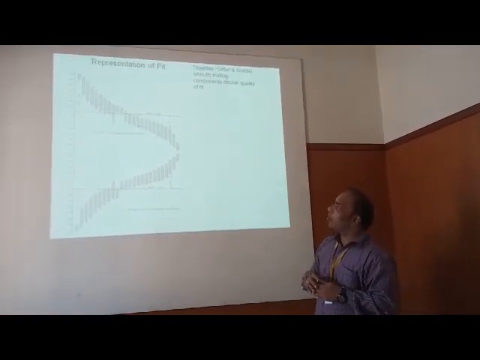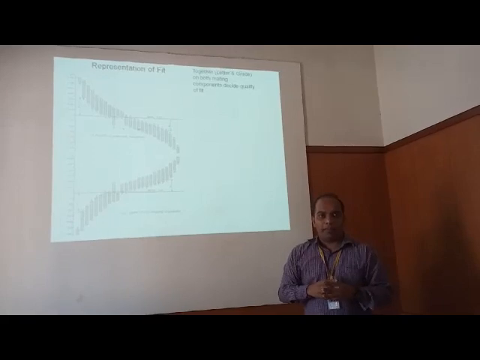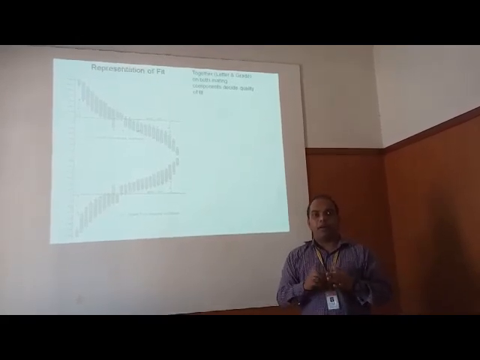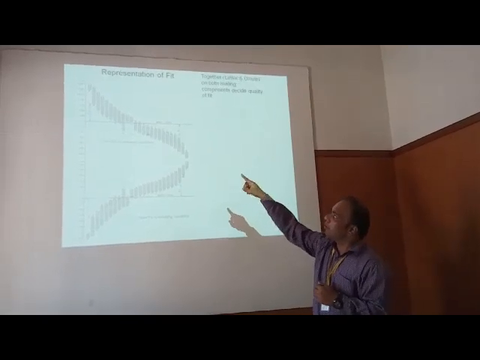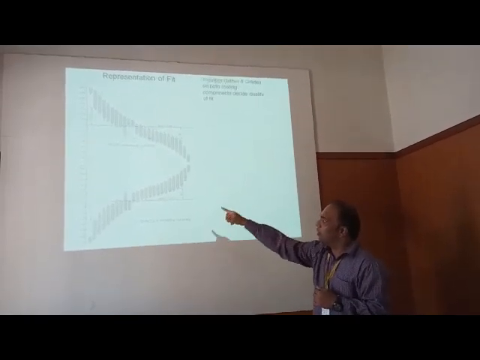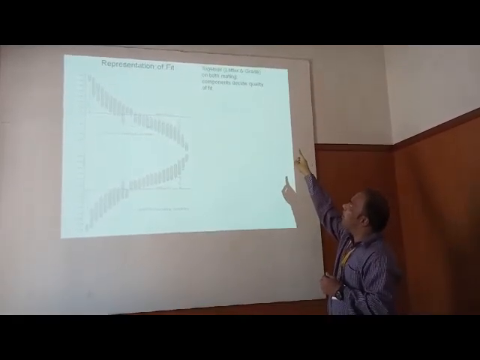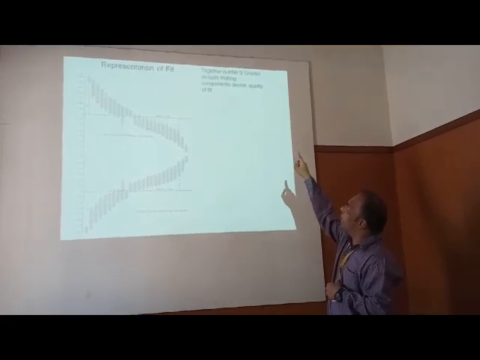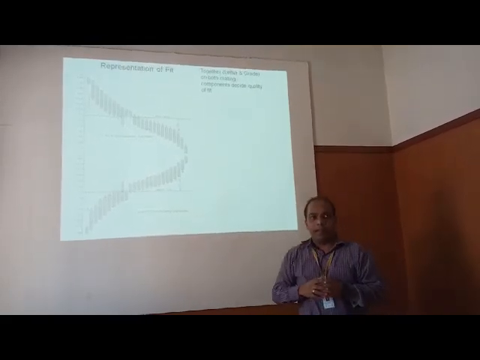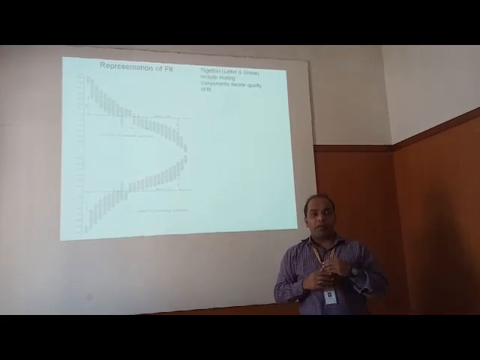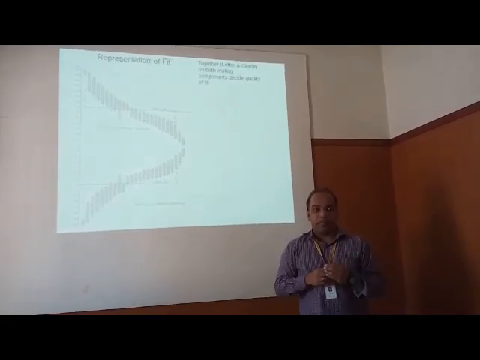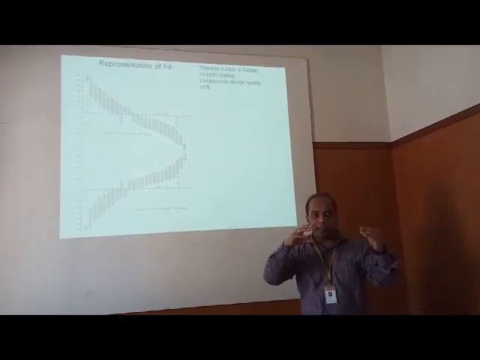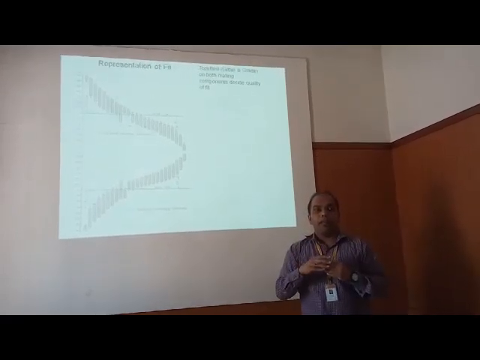this is the representation of different fits. As I have already stated, clearance, interference and transition fits can be obtained. Now they have been manipulated in this diagram. You can see that together, limits and grade are both fitting components that decide the quality of the fit. Now what the statements mean: according to the fit required, if a clearance fit has to be obtained, then the requirement is that the shaft should easily pass into the hole.